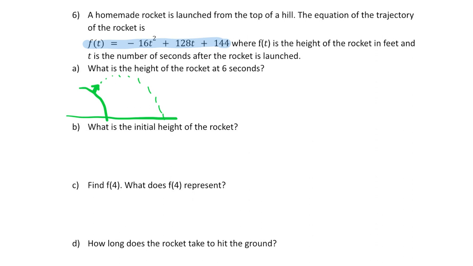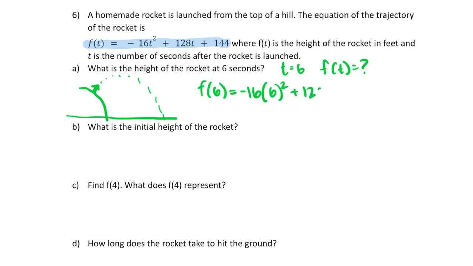They're first asking us, what is the height of the rocket at 6 seconds? So that just tells us when our t is 6, what is f of t? We're trying to find the height. F of t represents the height. So we can just plug 6 into the equation.